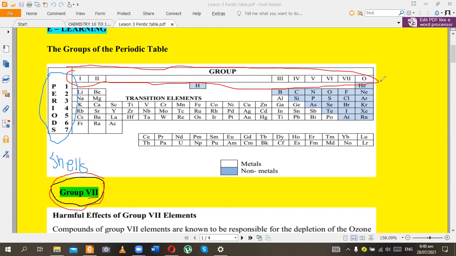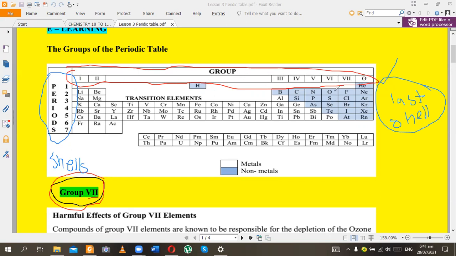Then the groups are represented by the number of electrons in the last shell. Even as the number of shells determines the period, you go to the last shell and consider the number of electrons there, and then you get the groups determined.